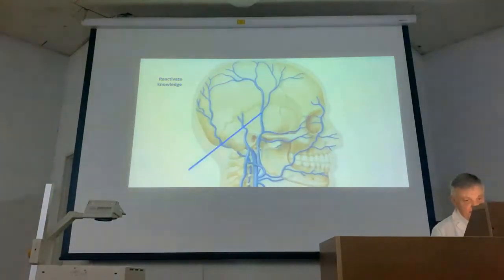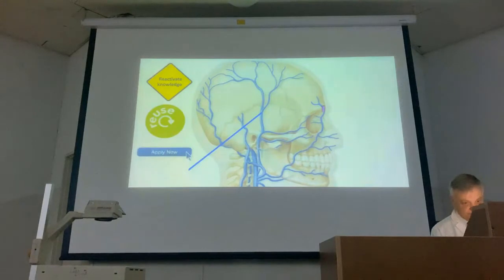Now, in case of the veins, these veins are valveless. And that is a problem. And we need to go back to them. We are going to use them. This is the superior ophthalmic vein going into the orbit.